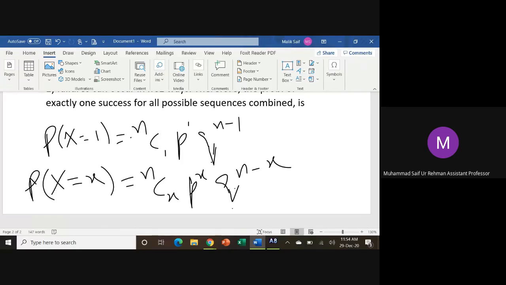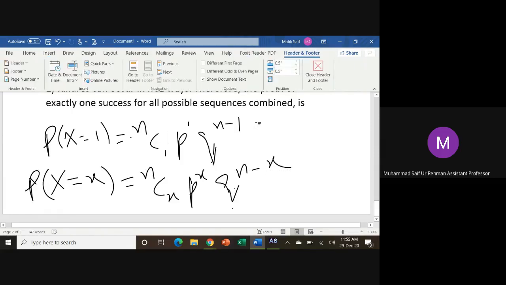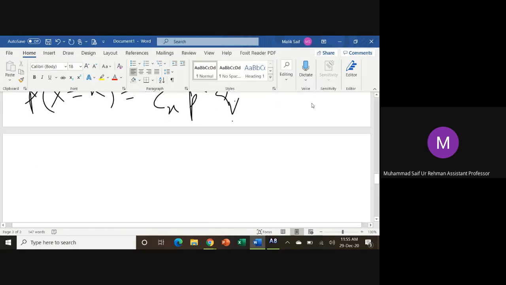That is the binomial formula. We call this binomial formula. Fine. So this is your binomial formula, and this is a very useful formula.